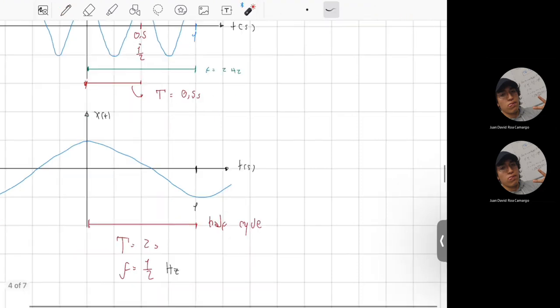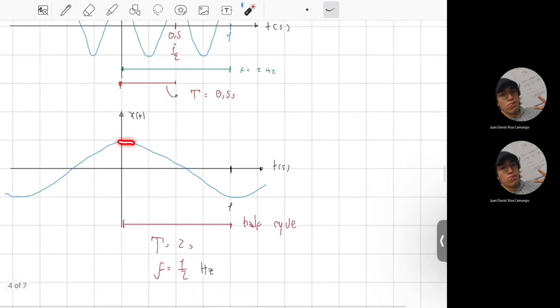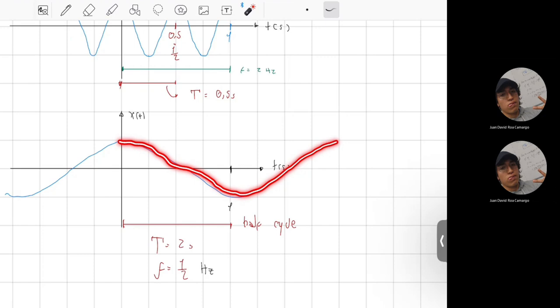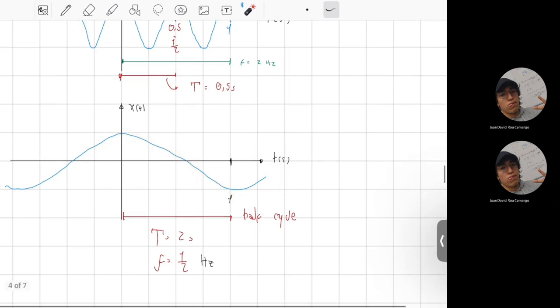And we have this one right here. We are waiting more time because this is going to repeat in 2 seconds, whereas we just have half the repetition in 1 second. So the period increases and the frequency decreases.